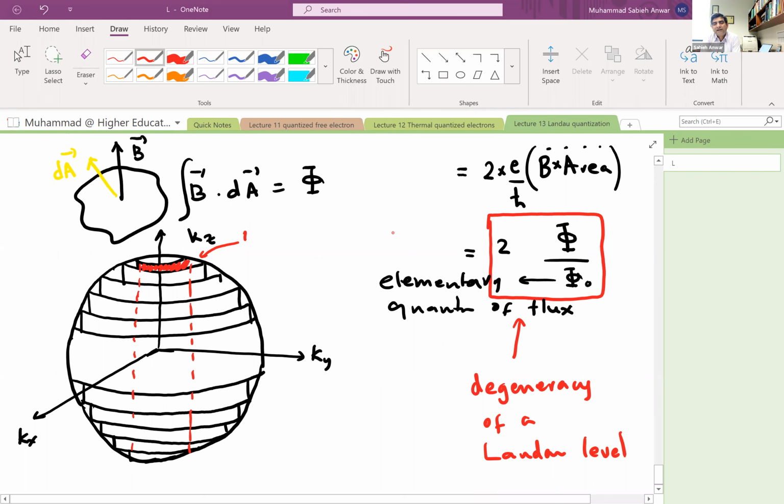That's when nx, ny, and nz cannot take up negative values. They start from 0 and go up to infinity. But here we're talking about k space values, so they can be positive and negative. And when we take the energy, we take the square of these k values. So the negative k's also contribute to the energy, as do the positive ones.